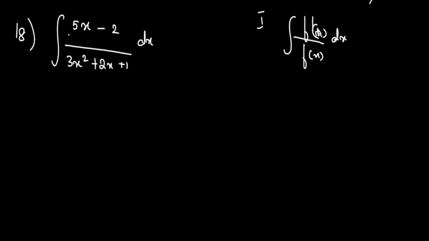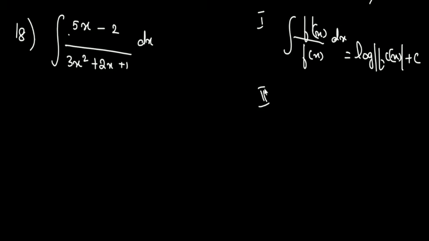Whenever you have to integrate a rational expression, if the differentiation of f of x is there in the numerator, then you can use the substitution method and the integral will be log of the denominator. First thing is to check whether you have the differentiation in the numerator.